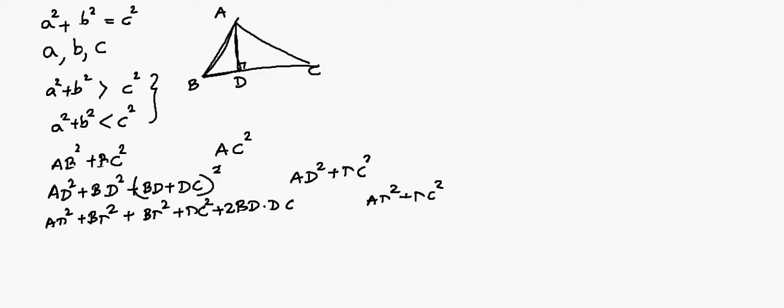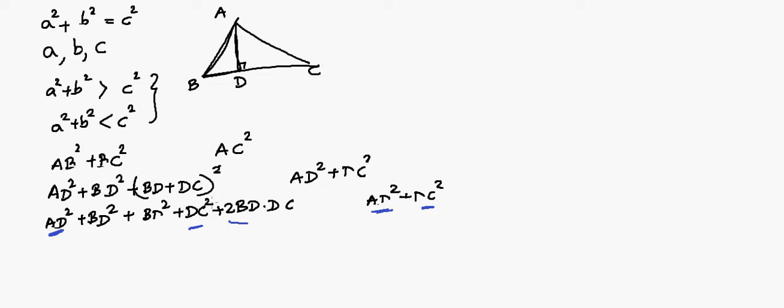As we can clearly see, on the left side we have AD square. So let me just use a different color, AD square on the left side, and on the right side also we have AD square, we have DC square on both sides, and we have a lot of other things on the left side.